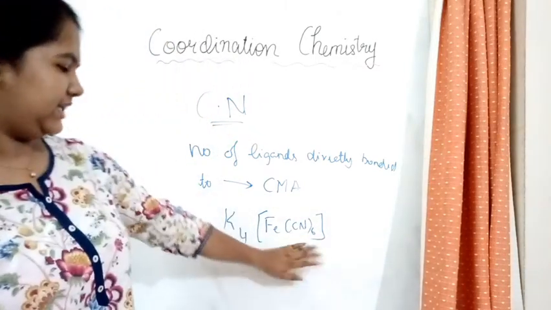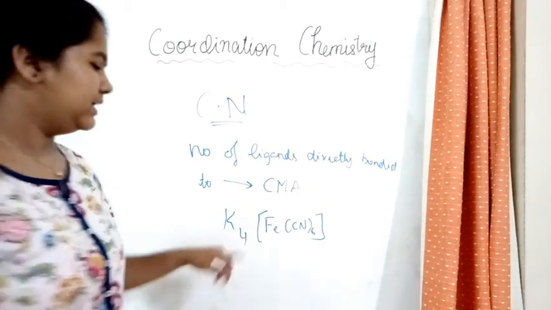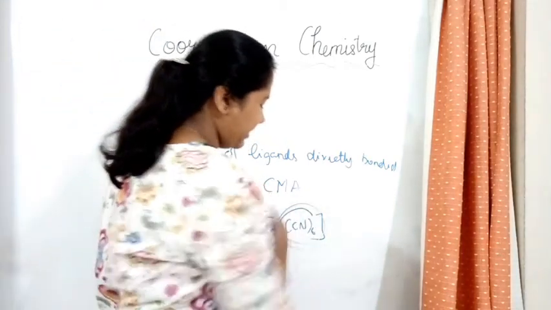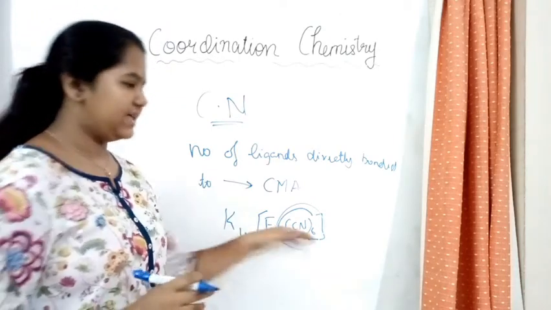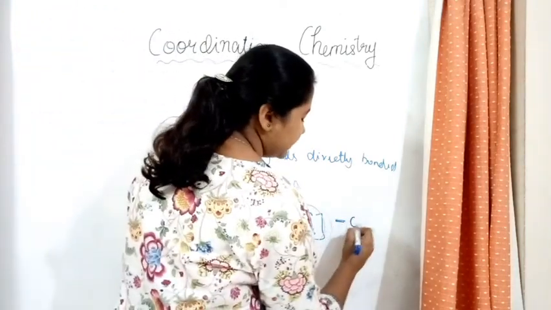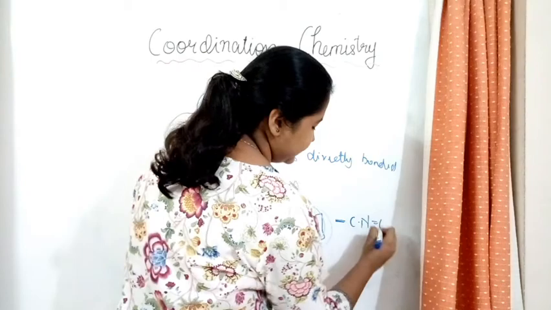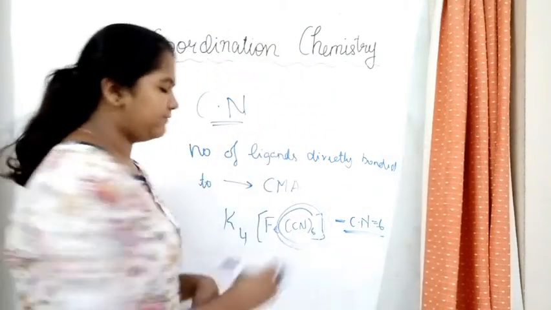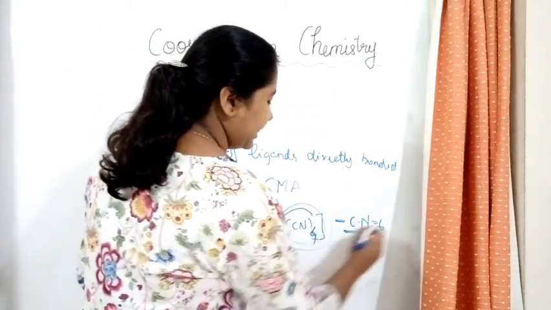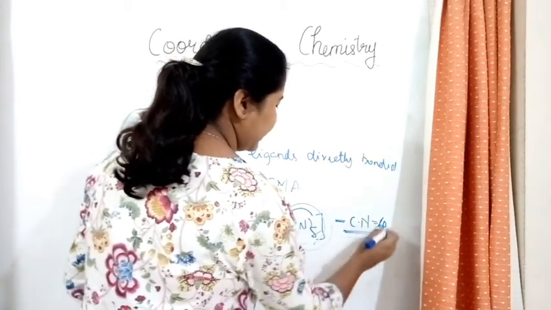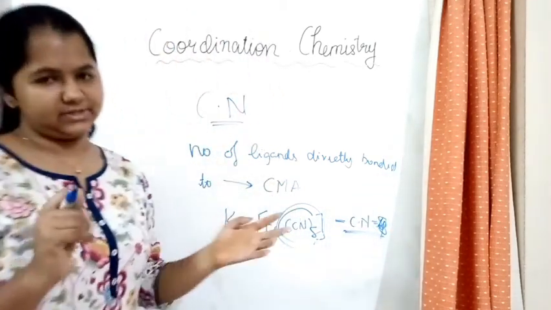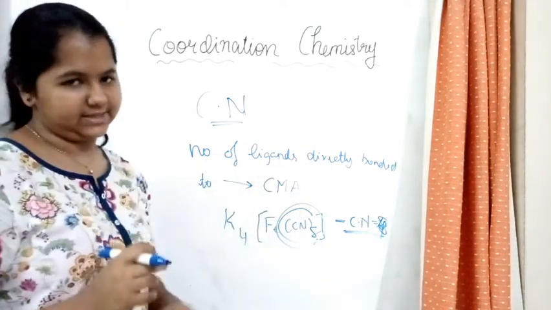What is the coordination number of this compound? That is, how many CN are connected to Fe. That is 6. Therefore the coordination number is 6 in this case. If this was 4, the coordination number would have been 4. If this was 8, it would have been 8, and so on.